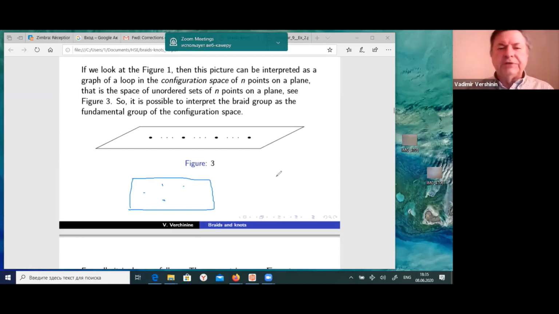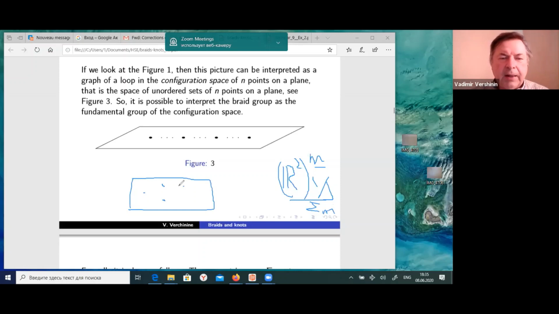If you are considering R2 to the power of M, then you see which one is the first, because this is the set of ordered M-tuples. But if you now remove the diagonal, the points which are sometimes equal, and then you make the action of the symmetric group, then what is obtained is called the configuration space.